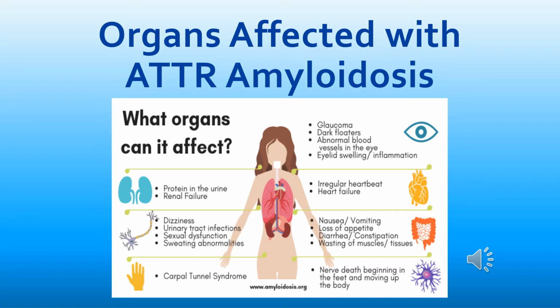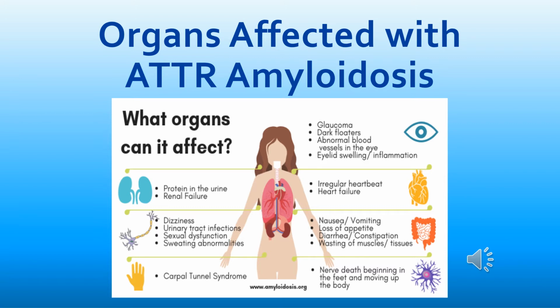Glaucoma is another one. If they start to have problems with halos around the lights, it can be glaucoma. Dark floaters, if they start thinking they're seeing mosquitoes and it's not really there, then it might be floaters in the eyes giving them difficulty. And that is common with aging anyway.